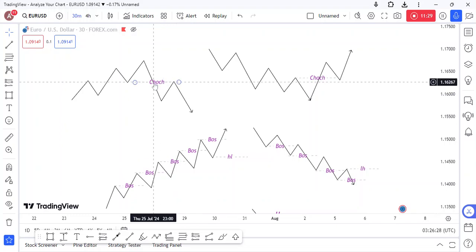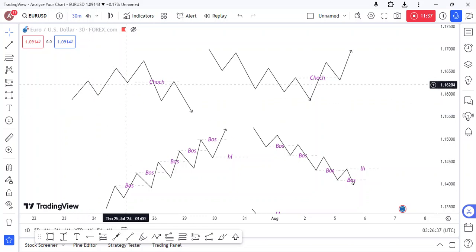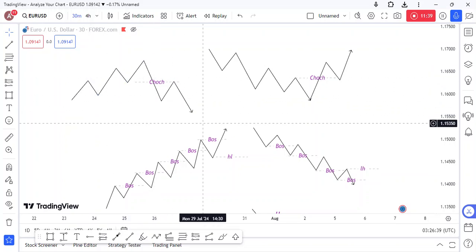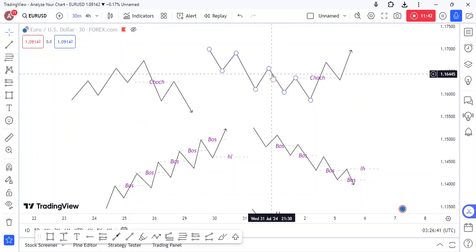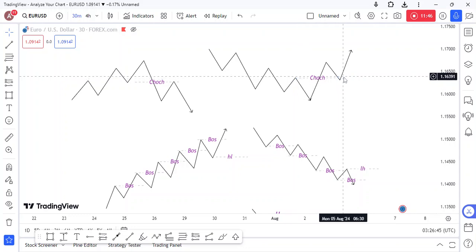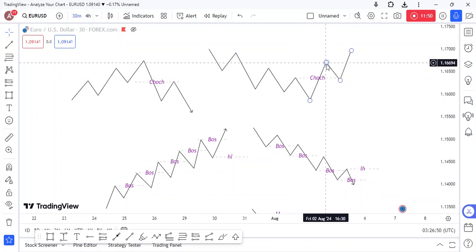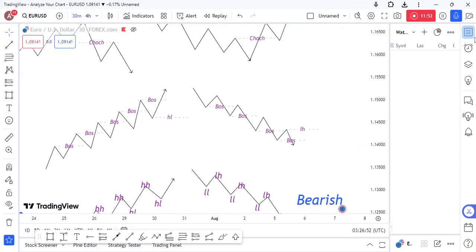If this happens, we call it a change of character, which means the market is changing its character from being bullish to bearish. And when a lower high is broken, the market is changing its character from being bearish to bullish. So let's look at a few examples.